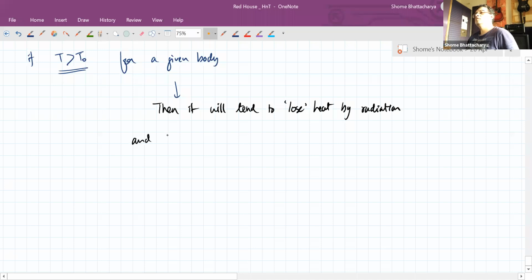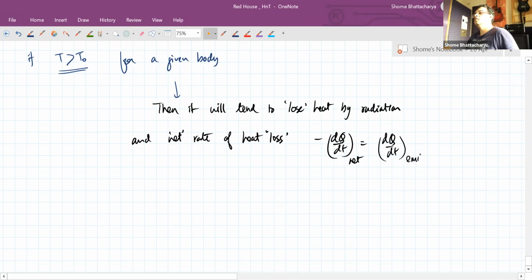And the net rate of heat loss is minus dQ by dt, the minus sign showing that there is a net rate of heat loss and its heat content is reducing. It will be equal to the rate at which it's emitting minus the rate at which it's absorbing.